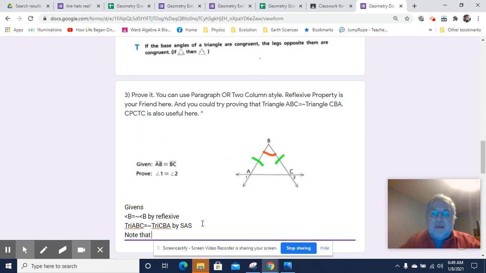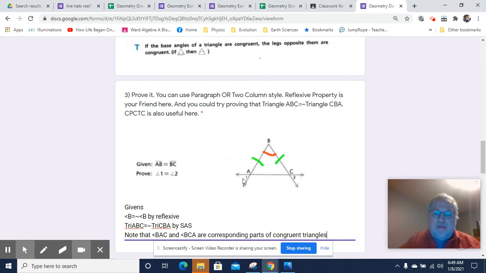I will note that we're going to call them angle BAC, because if I just labeled it A, that's ambiguous. So I also have angle BCA are corresponding parts of congruent triangles.